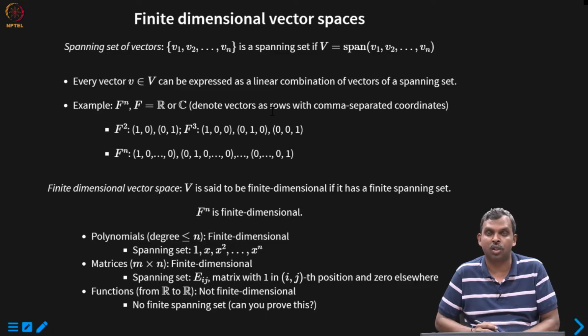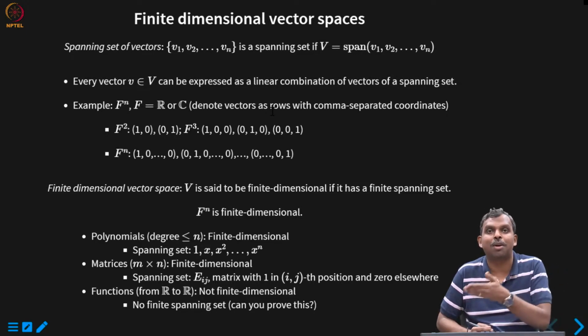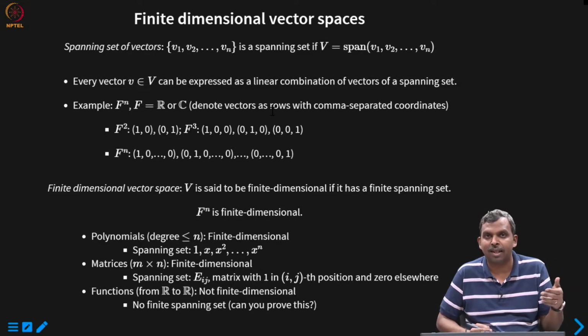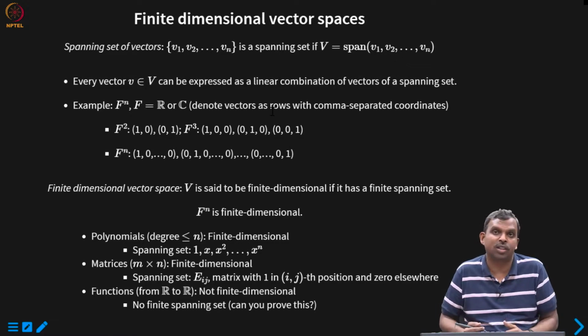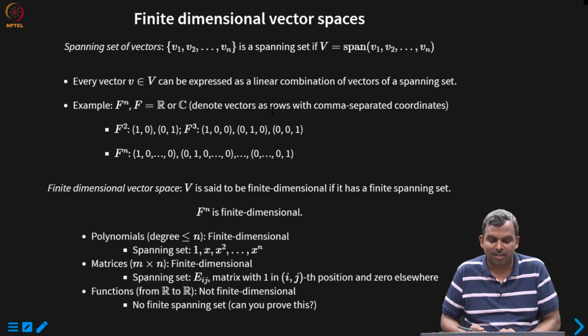For F3, (1,0,0), (0,1,0), (0,0,1) is a spanning set, but remember these are not the only spanning sets, right? So for F2 we saw other examples, right? You remember in one of the earlier examples we saw that (1,2), (2,5) is also a spanning set, right? So those two vectors end up spanning the entire R2, for instance, right? So there are many spanning sets, but it's easy to come up with one spanning set. Quite quickly you can come up with one spanning set.